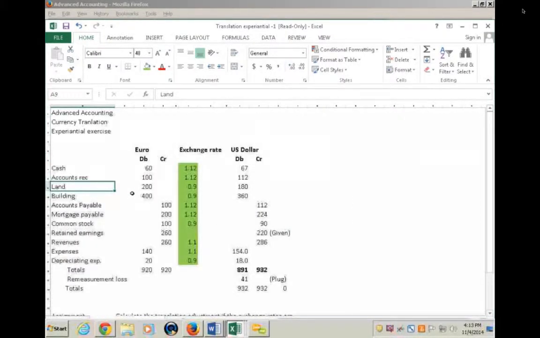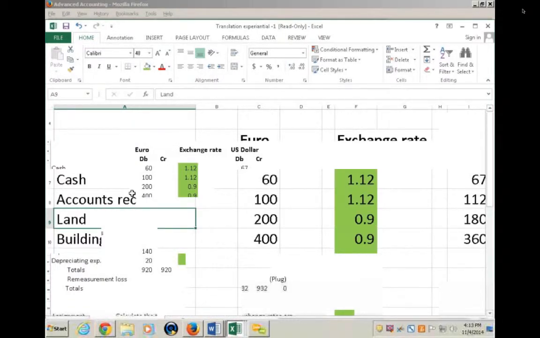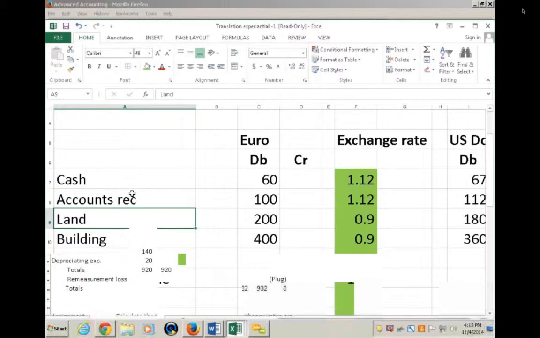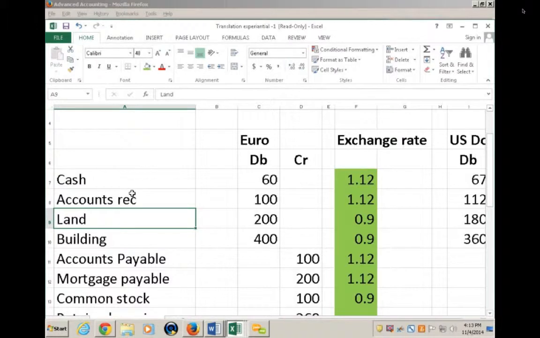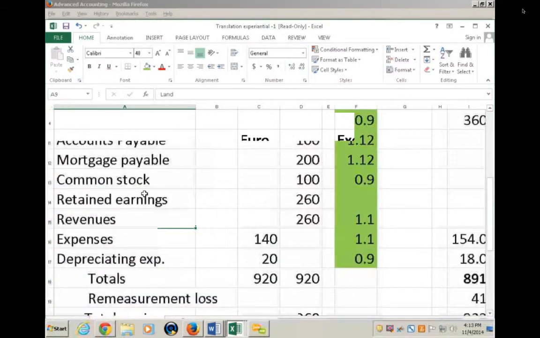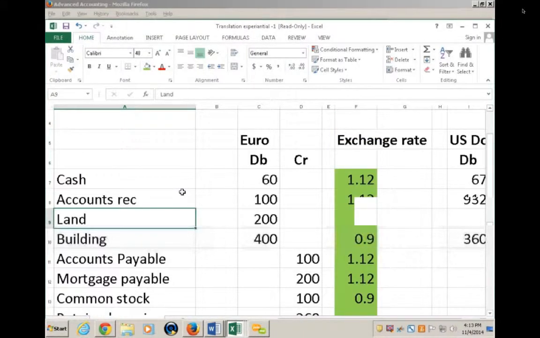Current, temporal, everybody agree? Current? So what's the main distinction between the current method and the temporal method is that in the current method we're only using the current rate primarily, right? So here we're using the 0.9 historical rate.